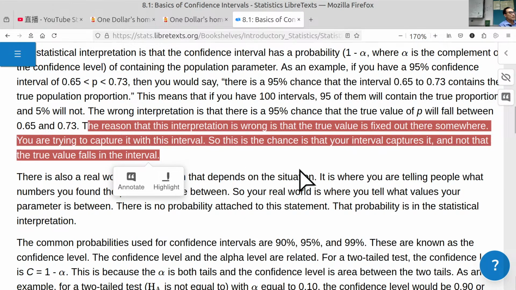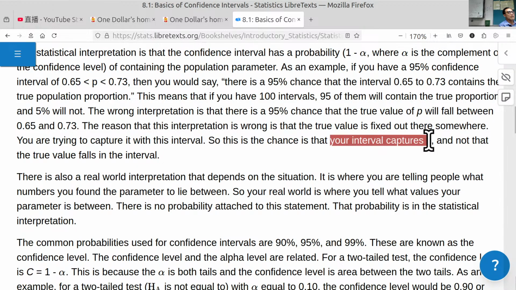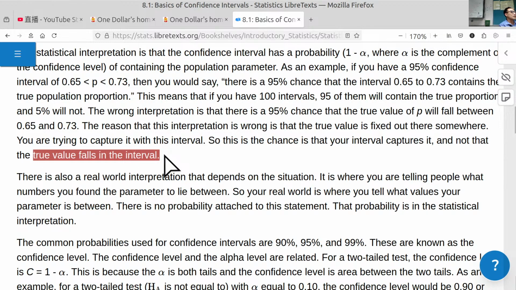So the chance is that your interval captures it, and not that the true value falls in the interval. Okay, again, this is the chance your interval captures it, not that the true value falls in the interval. It's a little bit strange to explain this.